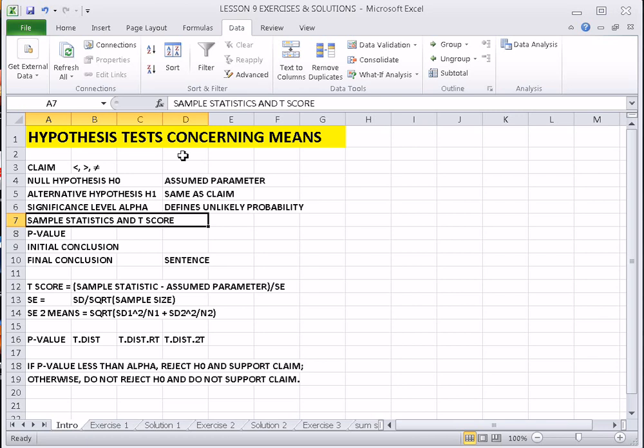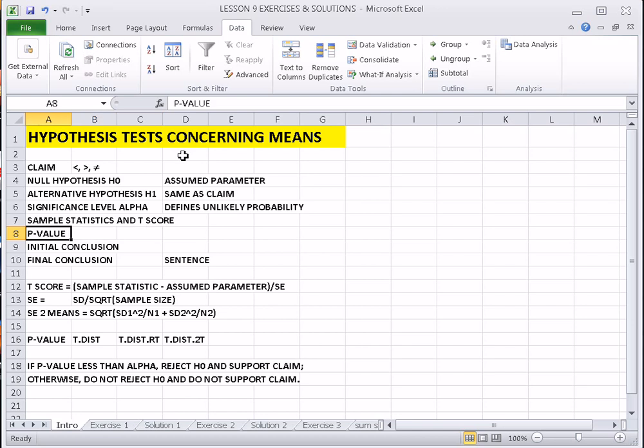This includes sample statistics and the computation of a t-score when it comes to testing claims about means. Testing claims about means involves using a student's t-distribution to find the p-value, so you need to use a t-score, computed using the sample statistics, the mean and the standard deviation, and the sample size.